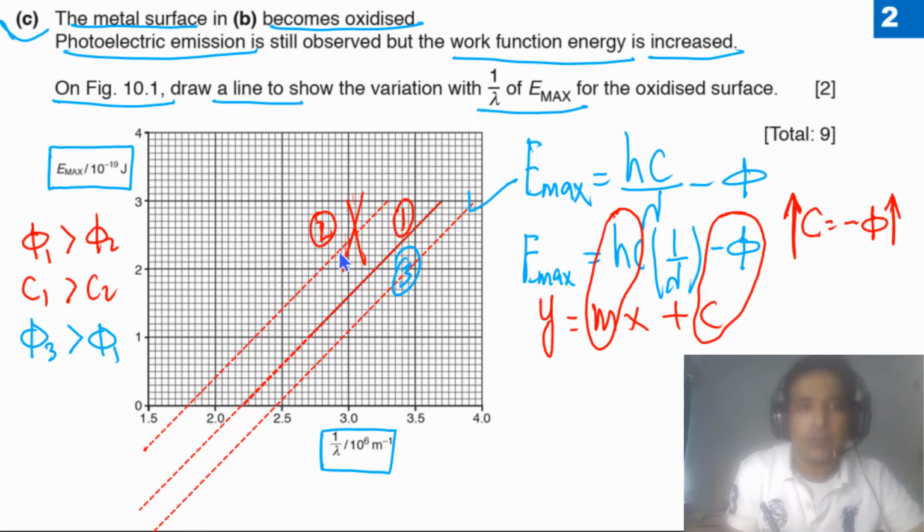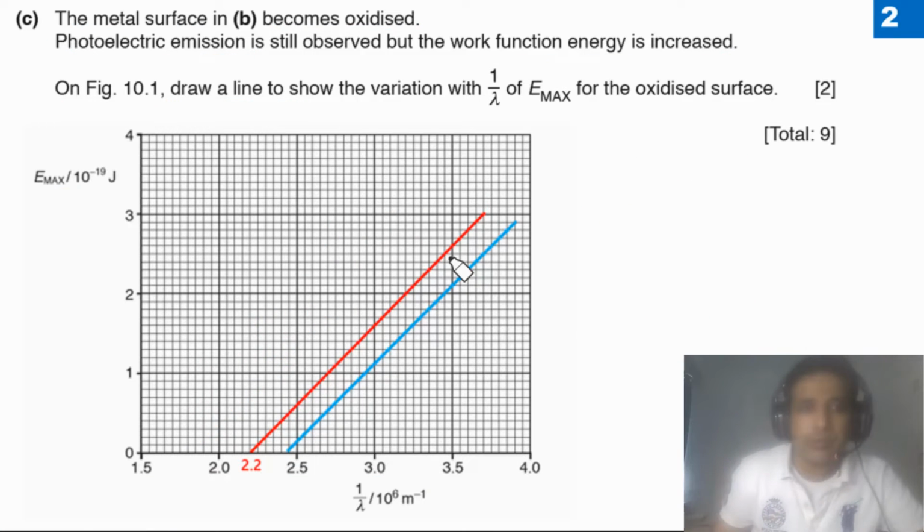So this is the right one and this is incorrect. Simply draw a line below the previous given line, and it has to be parallel and below. This is what you need to draw for the answer to this question. For the rest, you need to understand why we draw a line like this.